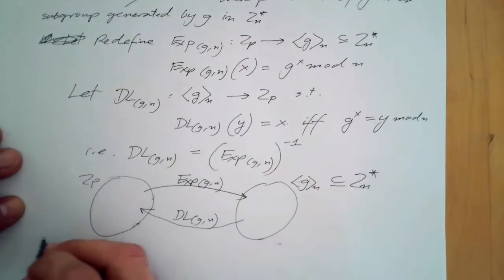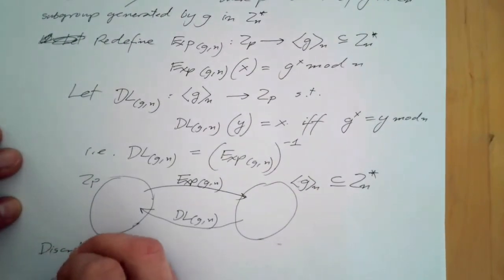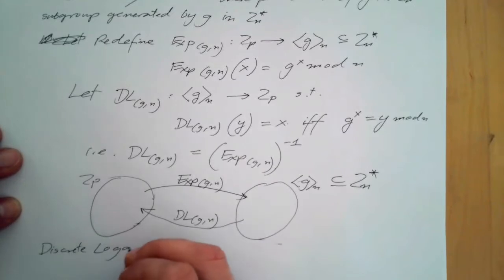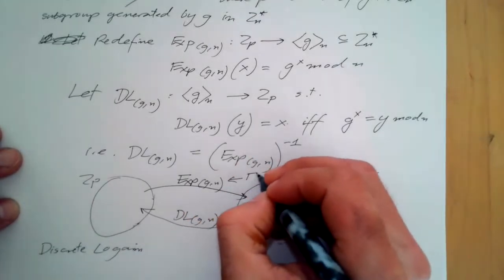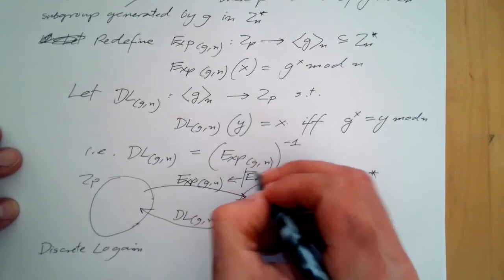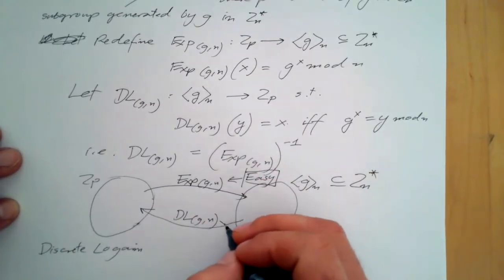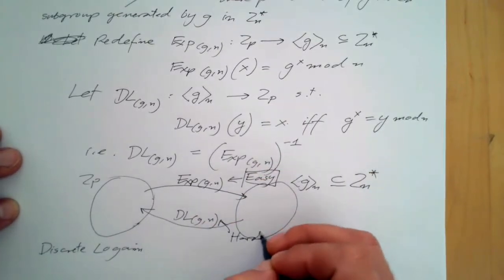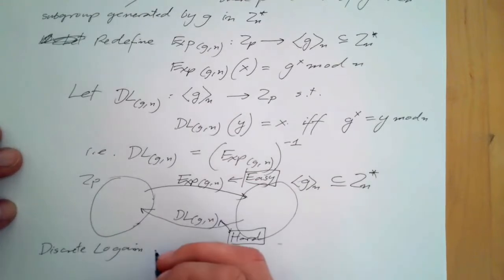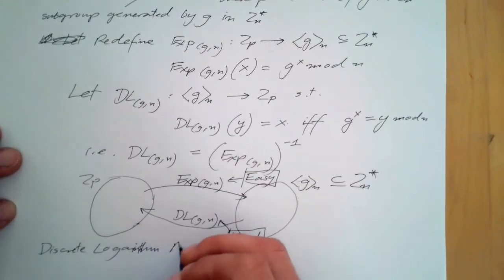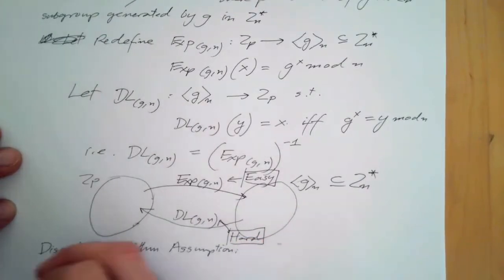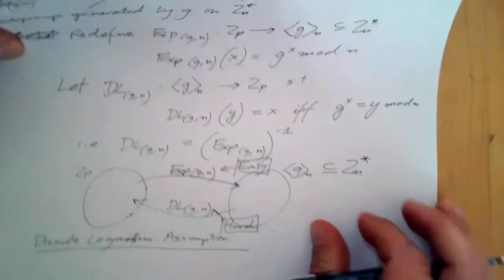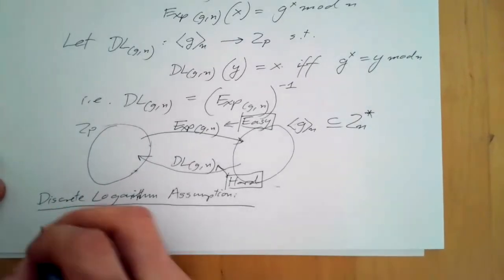Discrete logarithm assumption. So the short story is that this is easy to compute, but this is hard to compute. The discrete logarithm assumption: so exactly in what sense is it hard?